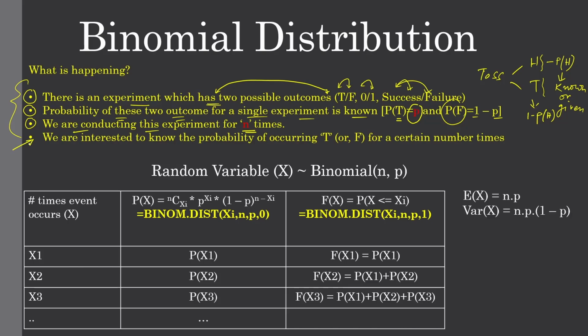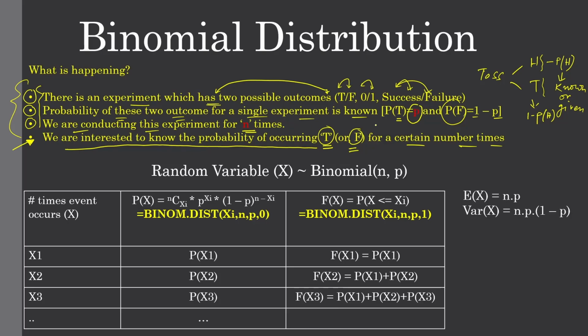Now, what is the fourth one? The fourth one is what do we want? Okay, this story is understood, but what do we want? We are interested to know the probability of occurring T, that means true or false, either way, for a certain number of times. What does that mean?